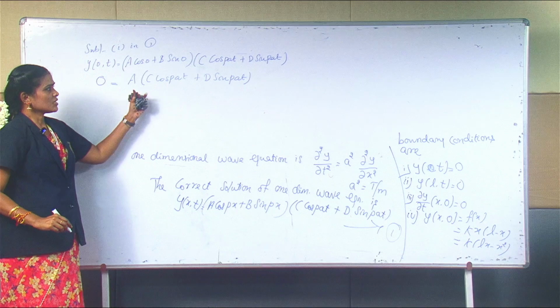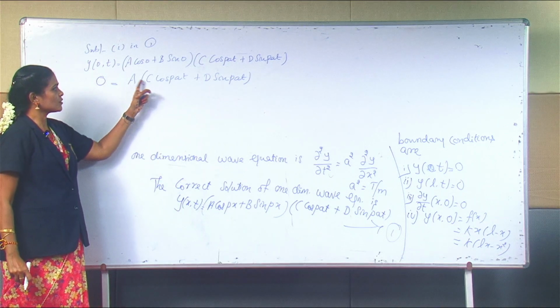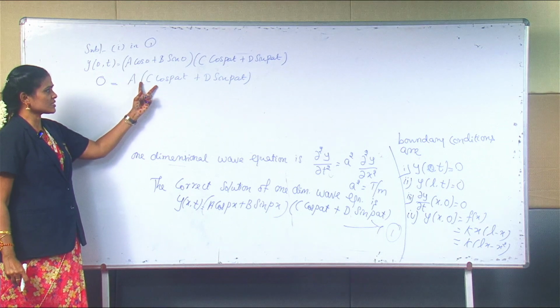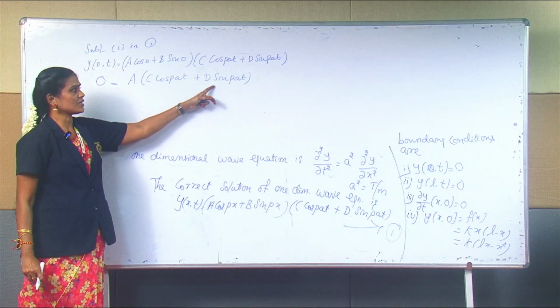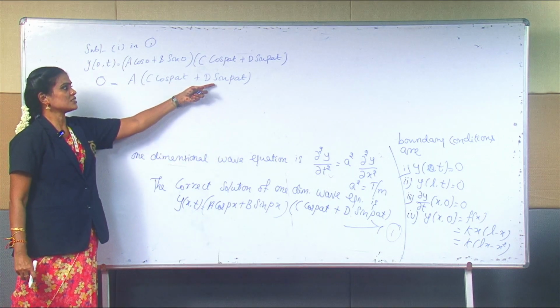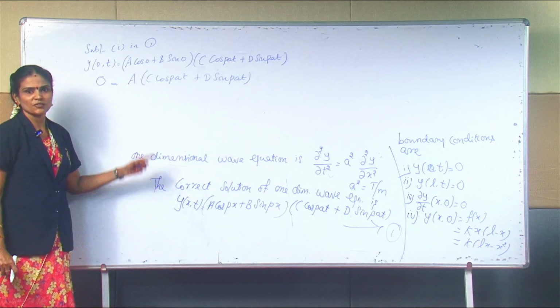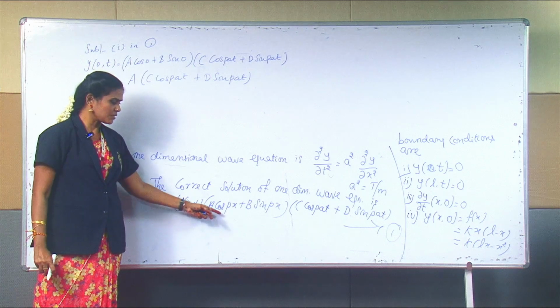So, a into (c cos pat plus d sin pat) equal to 0 means one of the values is 0. Two possibilities here: either a equal to 0 or c cos pat plus d sin pat equal to 0. Suppose c cos pat plus d sin pat is 0, then if you substitute that in the correct solution, y of x comma t becomes 0.